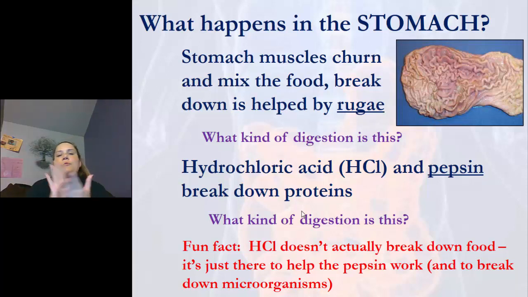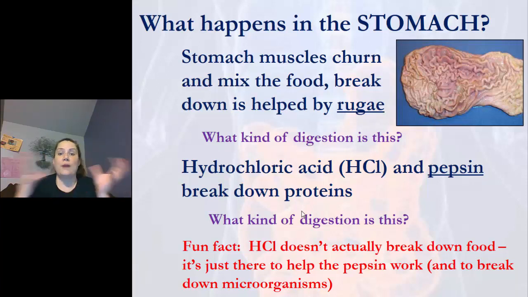The reason the hydrochloric acid is there is because pepsin needs an acidic environment in order to work. Pepsin is a protein that will only work in an acidic environment. So the hydrochloric acid is there to make it so that your stomach has an acidic environment so that the pepsin can work. Okay, so the HCl is not digesting food.